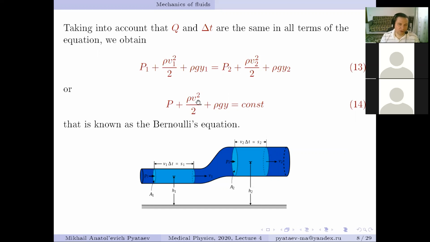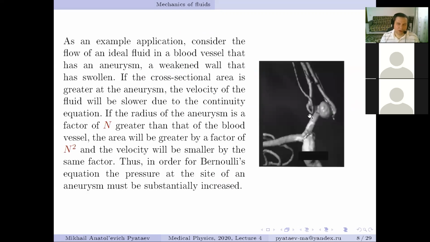The larger V, the smaller P, and vice versa, the smaller V, the larger P. That's why the wider part of the vessel, where the speed of blood is smaller, will have the larger pressure.